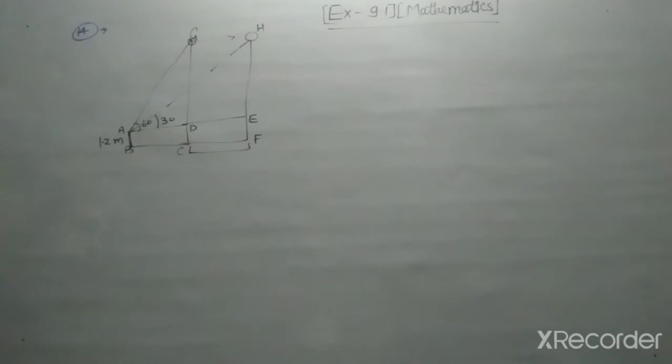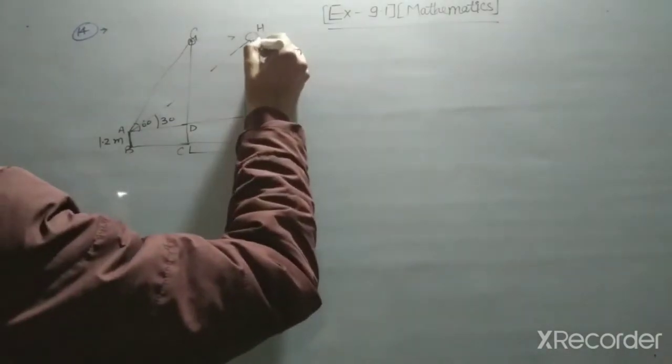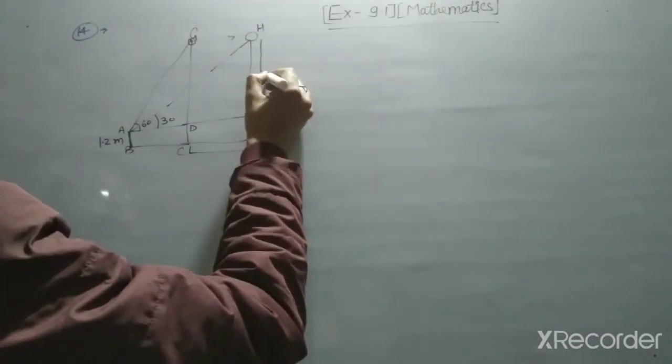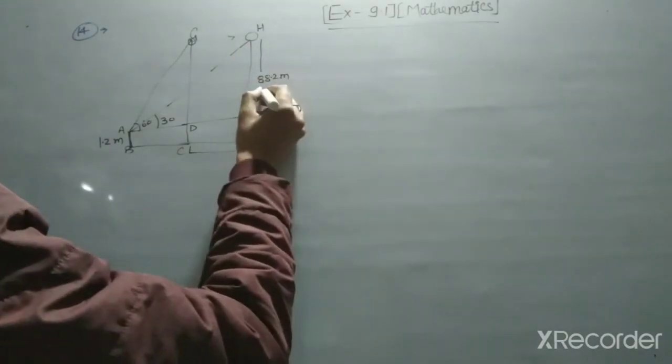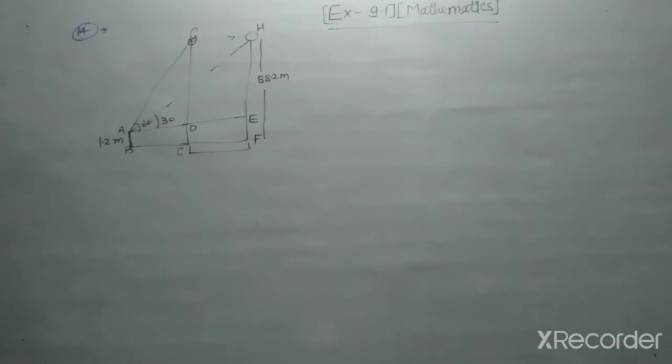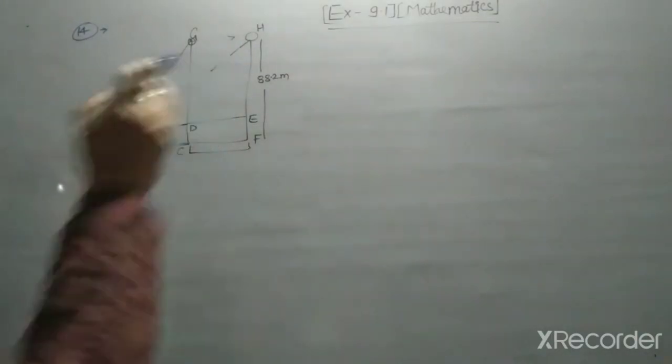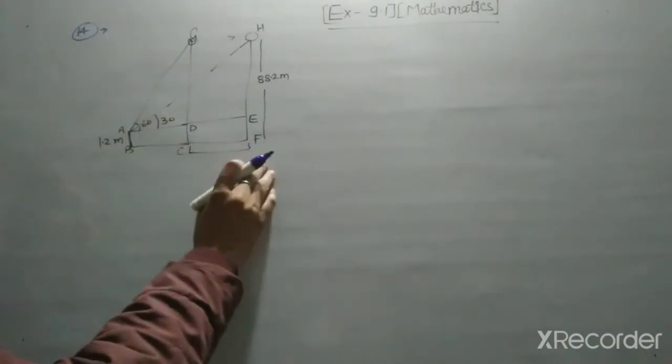Now you have to solve this question with the help of these things. You very well know, in this question one thing is also given here. The height of the balloon is 88.2 meter, with respect to the ground.